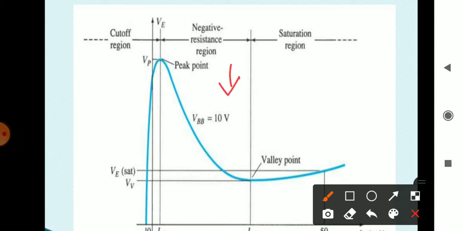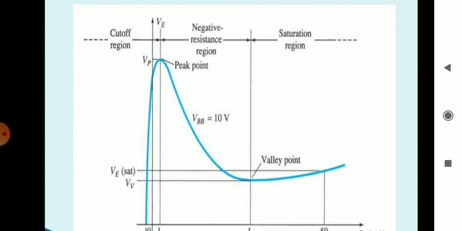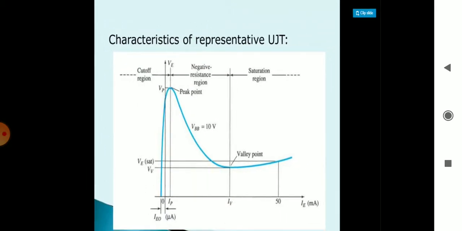Because of that resistance decrease, the current is increasing, and if I further increase the current, the voltage will reduce up to the valley point. My emitter current is increasing rapidly. That region we call the negative resistance region.